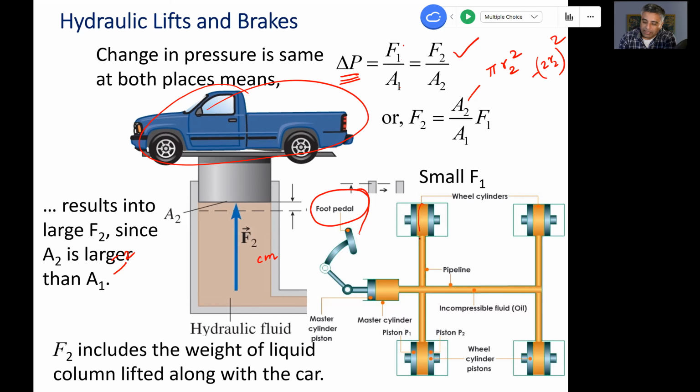By making the area larger here, it can multiply force. So just by applying a small amount of force, you are applying a larger force on the tire. I mean, rather than saying tire, maybe I should be saying the drums that hold the spin of the tire, so it can slow down the spinning, okay? So that's how a brake works. There is this fluid, this hydraulic thing. Use of fluid is there, okay?